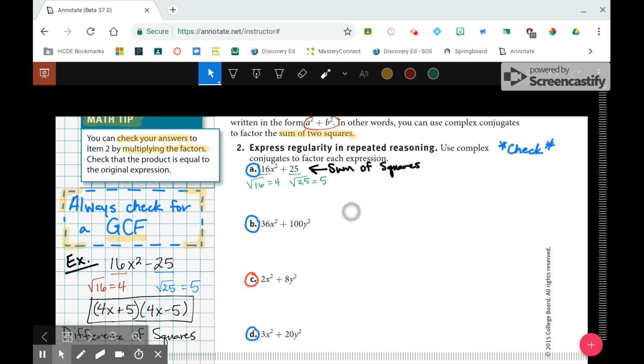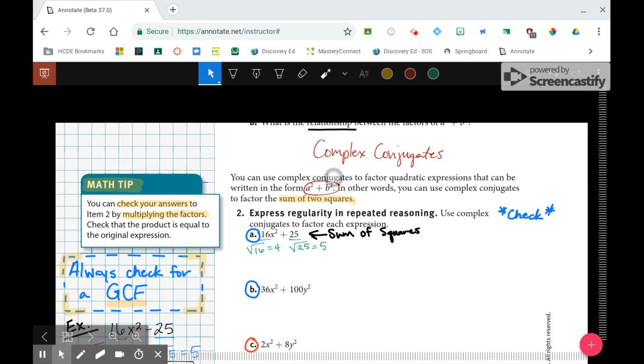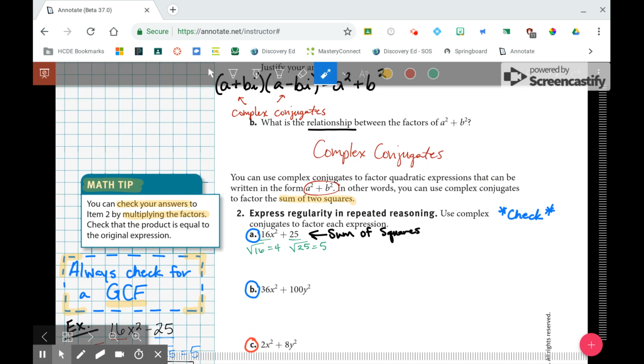So if we remember back up here, this first term is like our a squared term. The second term is that b squared term. So its factors are going to be 4x plus 5i and then 4x minus 5i.